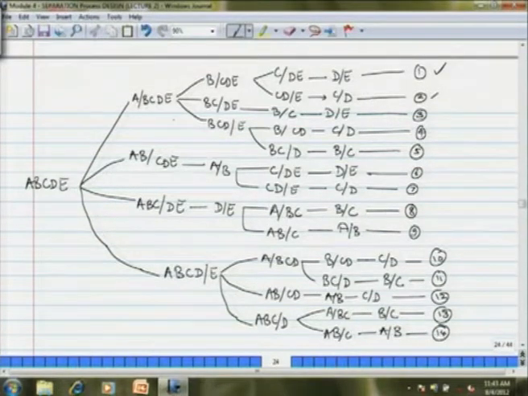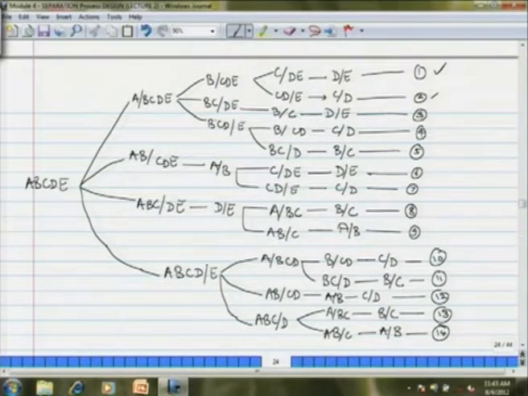Now, another sequence is that after removal of A, you are left with a quaternary mixture B, C, D, E. Then you split it into a mixture of two components, BC and DE, leaving two binary mixtures, and then these are split individually into components in two columns, BC and DE.